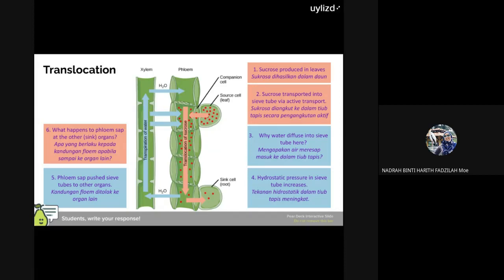So soalan untuk statement number 6 ni, kenapa, apa yang berlaku kepada kandungan phloem when it arrives at the sink organ? Okay, apa yang berlaku bila dia arrive kat sink organ?